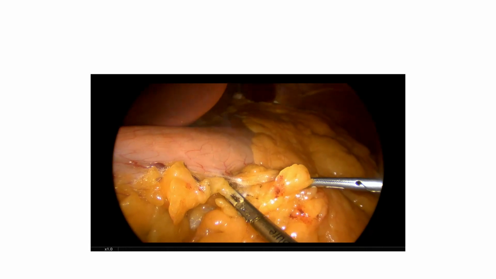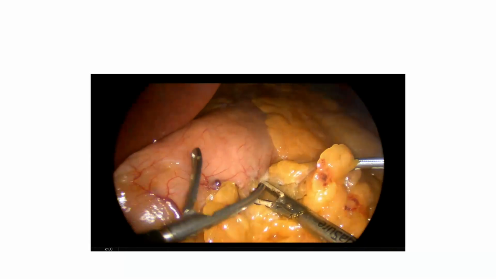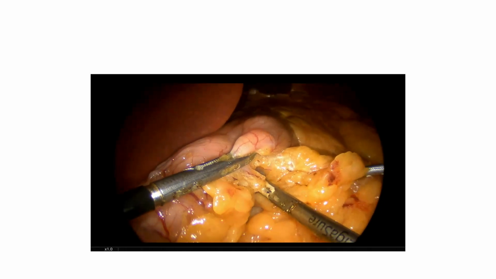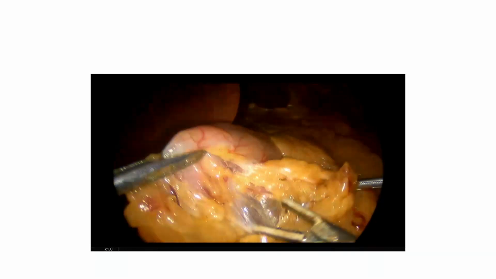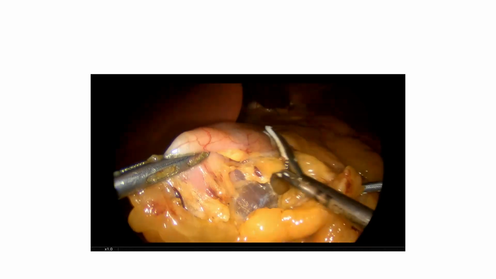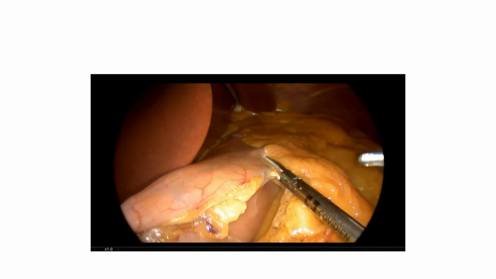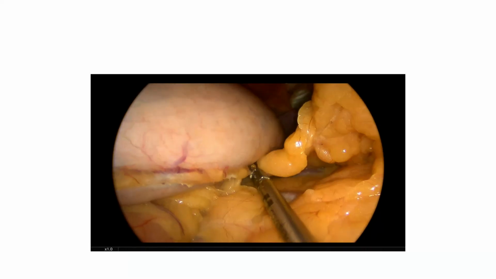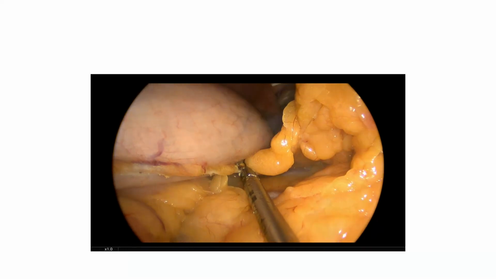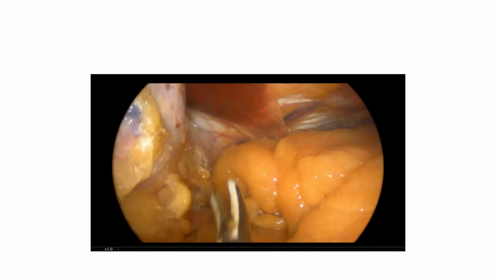Then we proceed with the usual sleeve gastrectomy dissection, and we dissect the omentum away from the greater curvature of the stomach, and we proceed proximally toward the left crus of the diaphragm, as usual, as we do in sleeve gastrectomy.